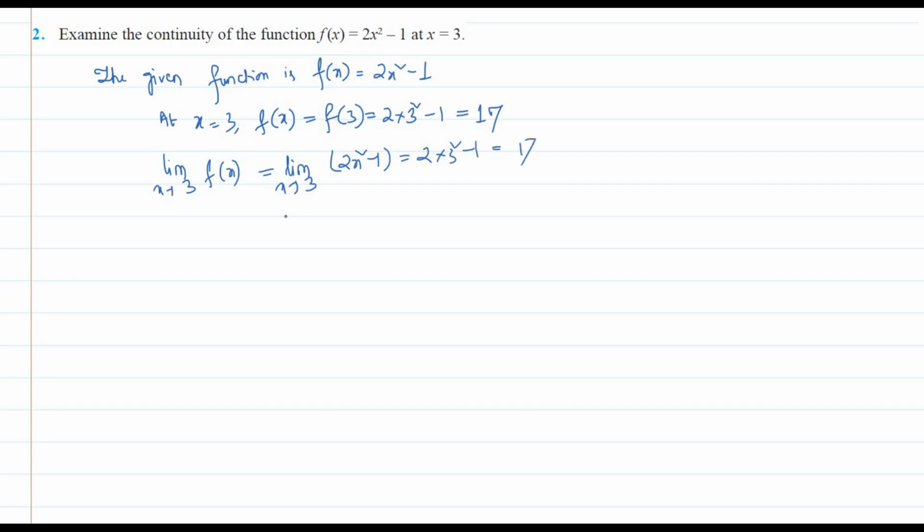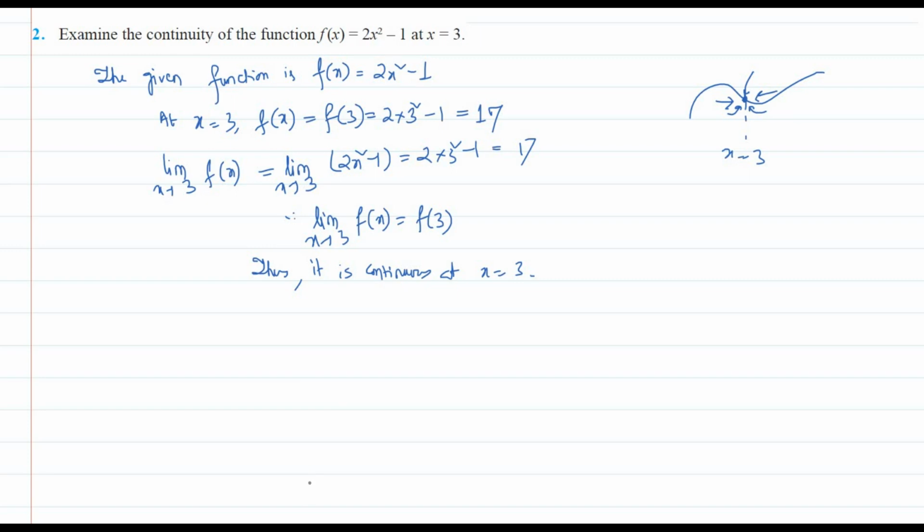So as we can clearly see, limit x tends to 3, f(x) is equal to f(3). That means in a graph, if this is x equal to 3, the limiting value both from LHS and the RHS, the value that it is tending to is the same as the value of the function. That's why there is no need to lift the pen. We can draw it without lifting the pen, and hence it is continuous at x equal to 3.